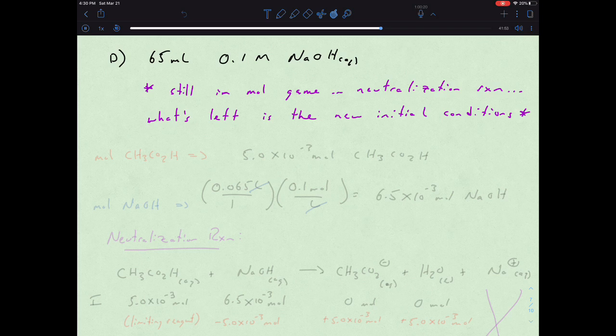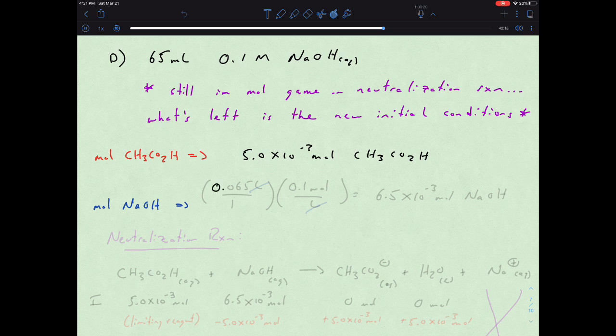So our moles of our acetic acid is still the same. That's the 5.0 times 10 to the negative third moles. And our titrant has always been changing here. The titrant being the sodium hydroxide.